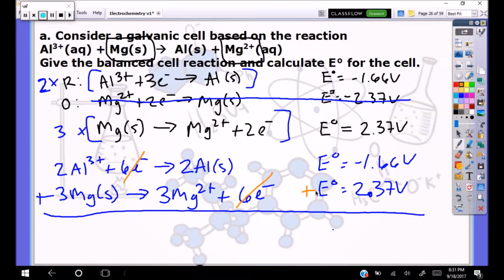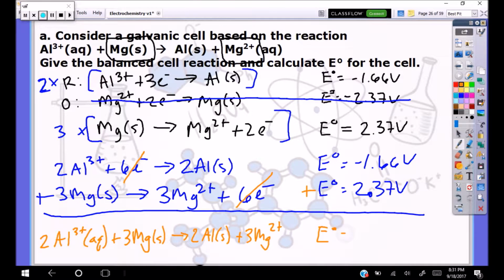When you add them together, we should be able to figure out whether or not this is in fact going to be spontaneous. So we've got 2 Al3+ aqueous, plus 3 magnesium solid, and that gives us 2 aluminum solid, plus 3 Mg2+, and when we add these cell potentials together, we end up getting a positive 0.71 volts.